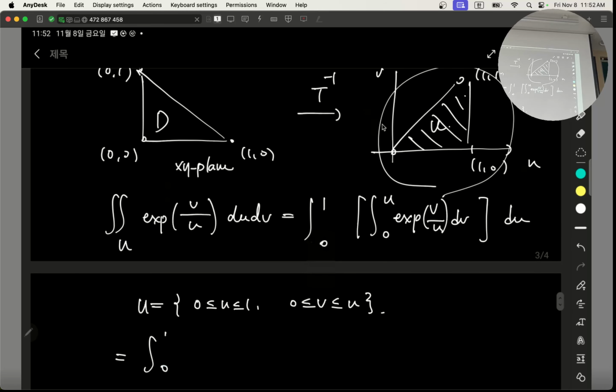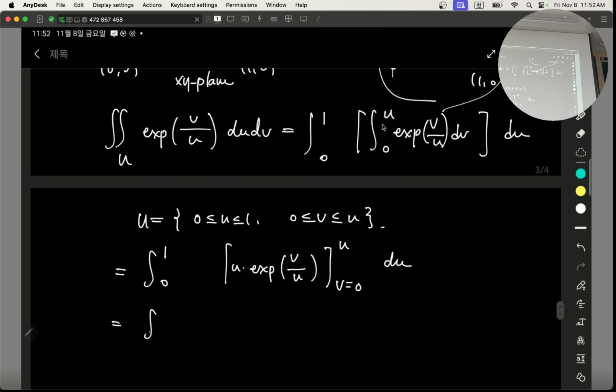When you take the integration of these functions, u is considered as constant. So the antiderivative is exponential of uv, for v from 0 to u, du.